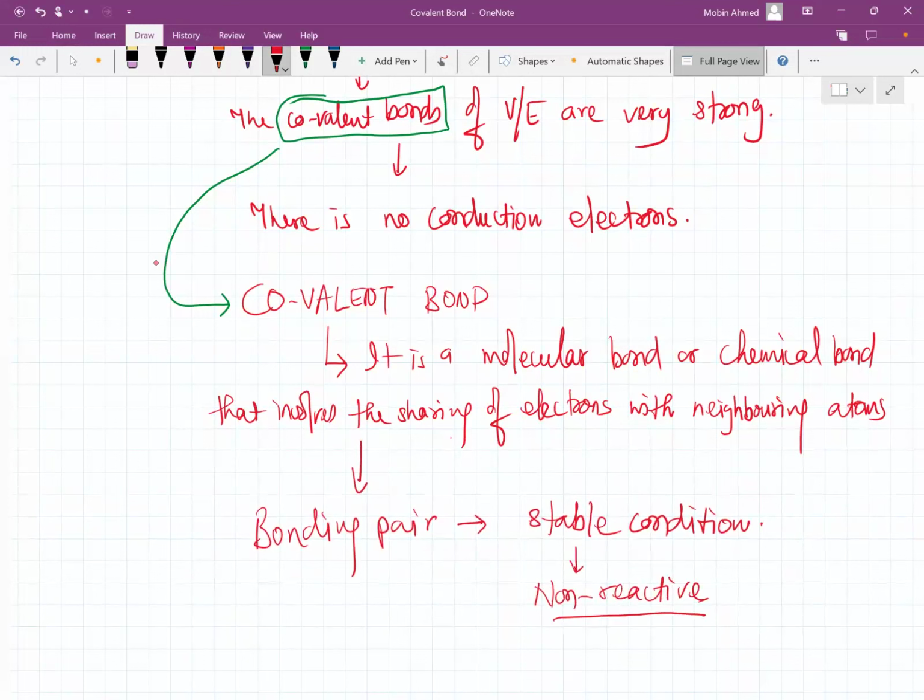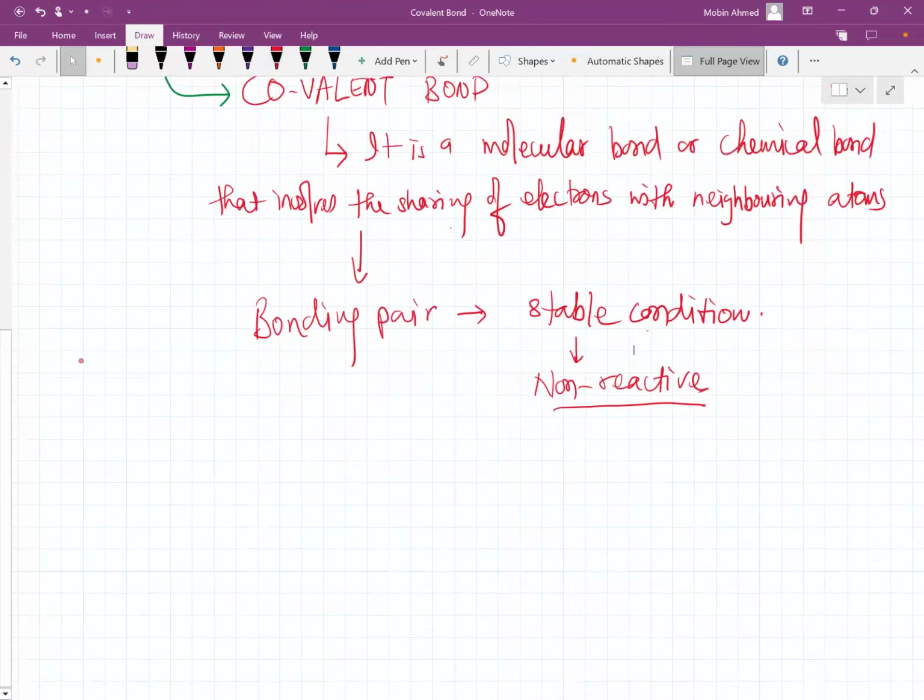Because its valence electrons are fully balanced, due to the sharing of the electrons. So it becomes non-reactive. It is not required to make any reaction with any other atoms. Now, when they make bonding pairs, that is known as covalent bonding.